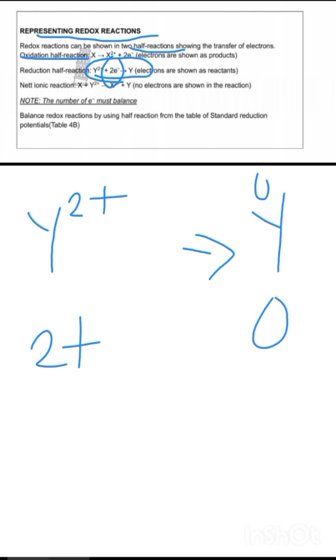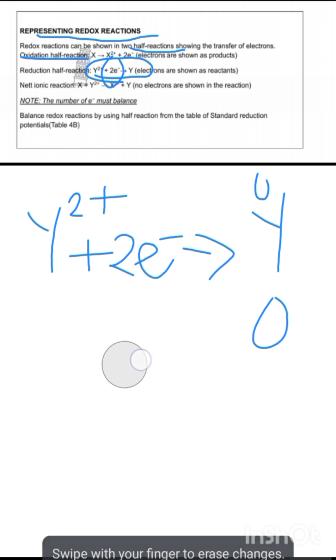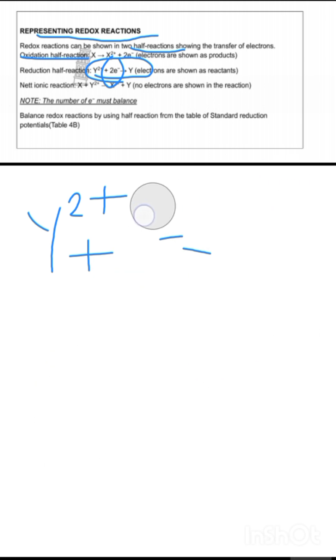So how are we going to make sure that the charges are equal? You can add 2 electrons to this side to make sure that the charges are equal. Hopefully you get what I'm saying now. Remember that whenever you write the oxidation and reduction half reactions, your charge must always balance.